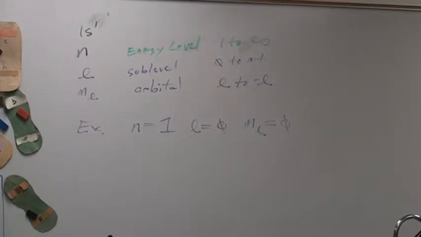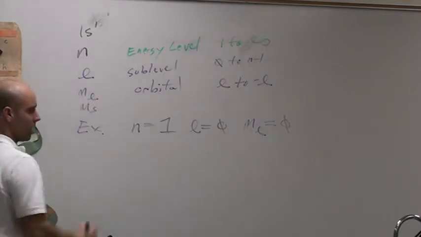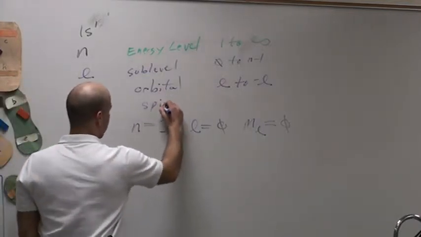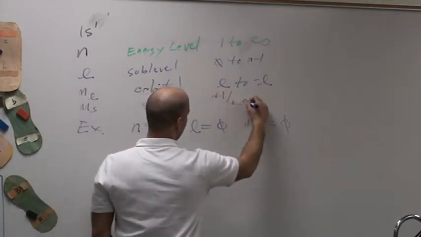And then the last quantum number is the spin, m sub s. And the values are +1/2 or -1/2.